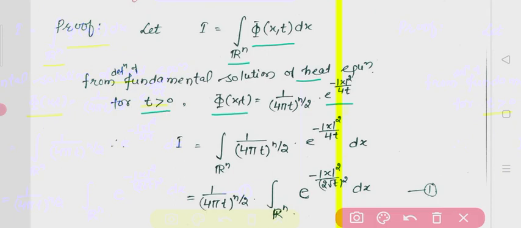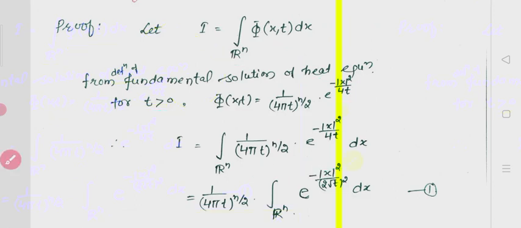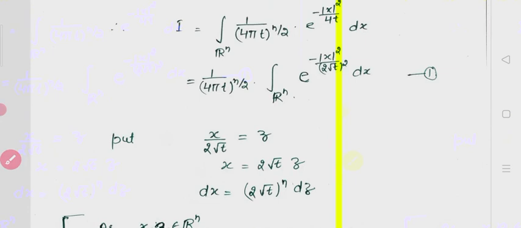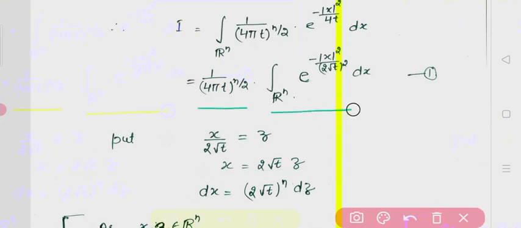So we place this value over here. That means I will be equal to the integral over Rn of 1 upon (4 pi t) raised to power n by 2 into this. Now the constant term is taken outside the integral, and we will get the integral of e raised to power minus (mod x divided by 2 root t) squared dx over Rn.